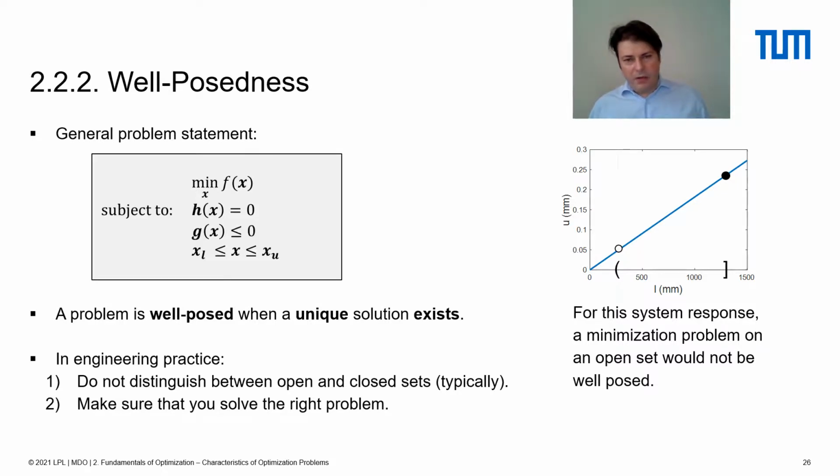Well-posedness is nevertheless an important concept because it reminds you as an engineer to really clearly state what you're after. If you run an optimization problem like the one that was not properly bound, you're asking a stupid question, and therefore the optimization algorithm will give you a bad result.